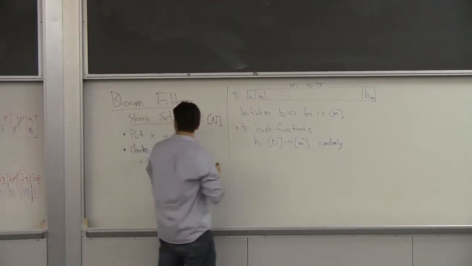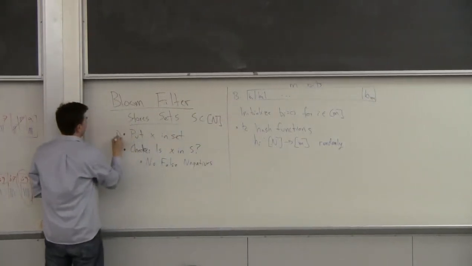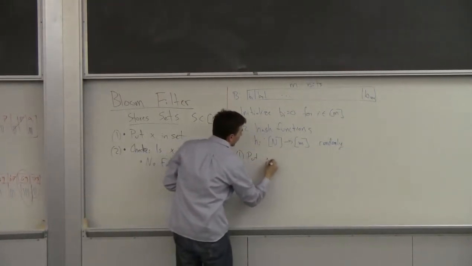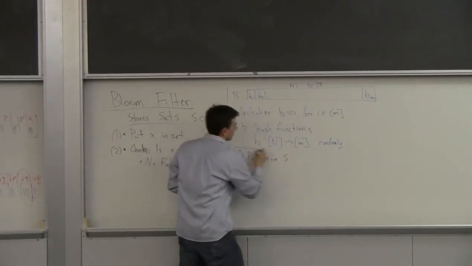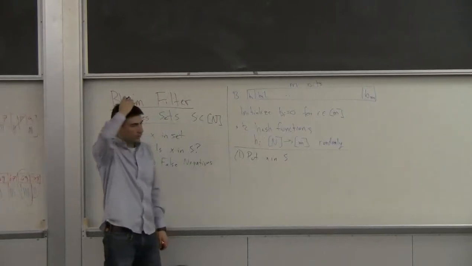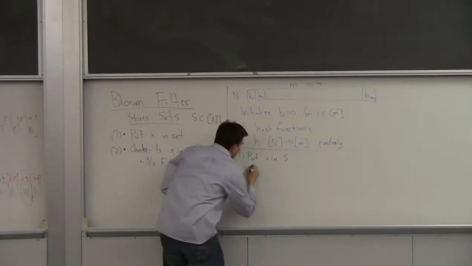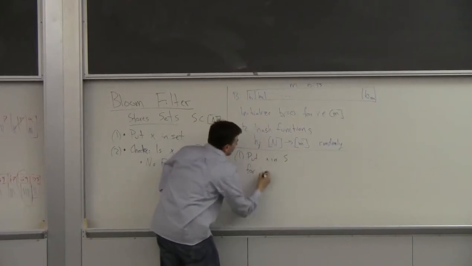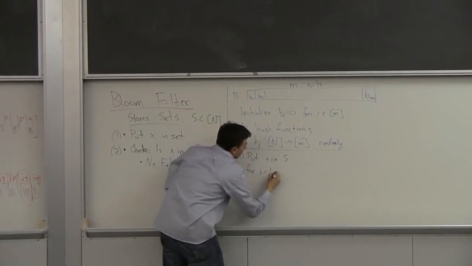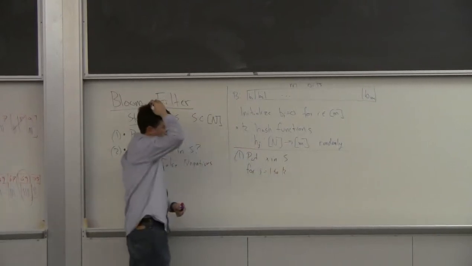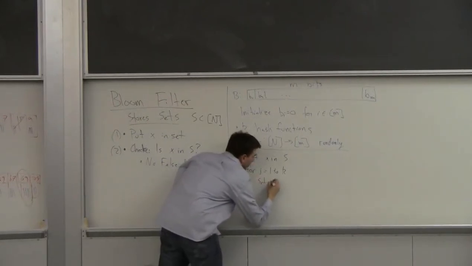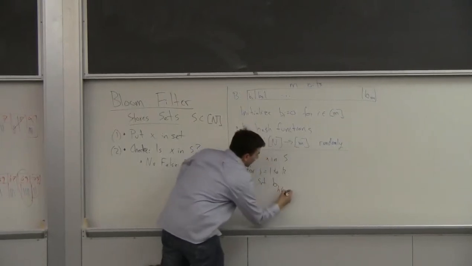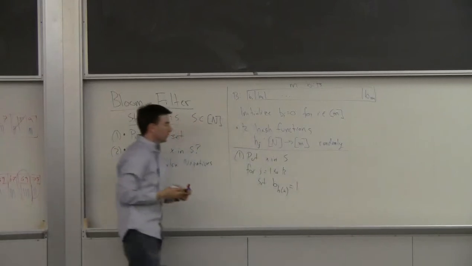Okay, so now the first thing I need to be able to do is put x in S. So what I'm going to do is, for j equals 1 to k, I'm going to set v of the hash of x equal to 1.